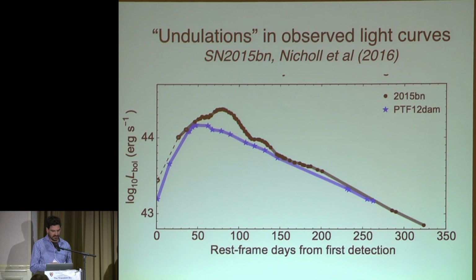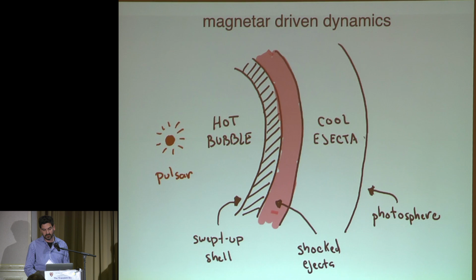And then Robert also mentioned that you see some interesting undulations in some of these observed light curves, flattening plateaus and so on. I think the ASASSN-15lh event also showed some interesting behavior like this. You can also explain this perhaps with multiple shells of circumstellar interaction just hitting multiple things and rebrightening. I'll suggest maybe it's also tied to, in some cases, thermalization effects in a magnetar supernova.